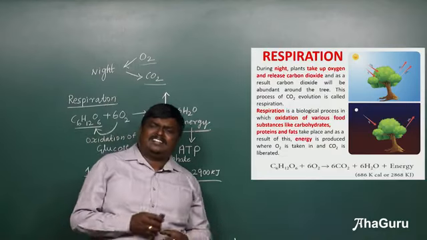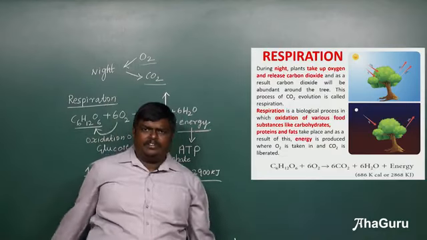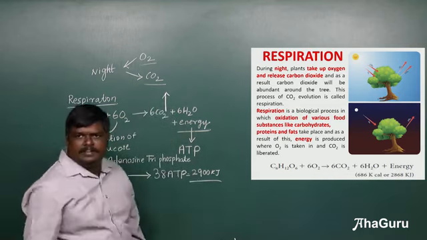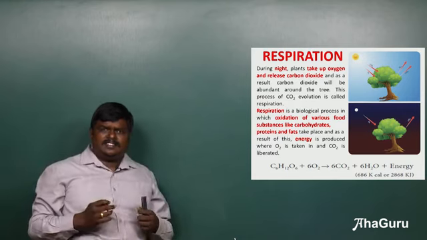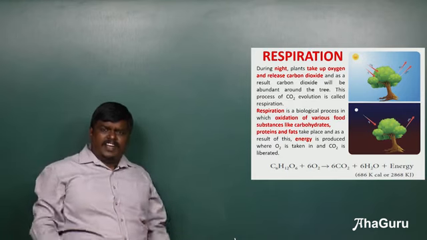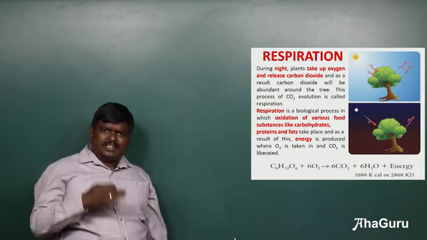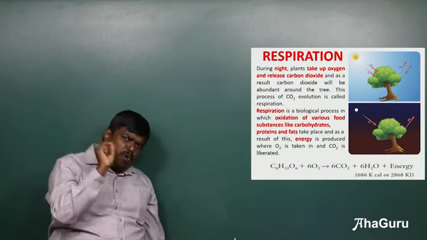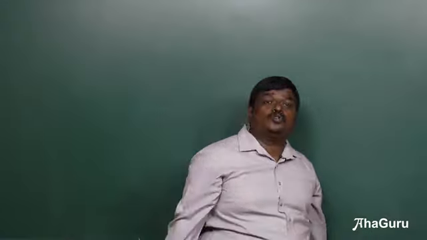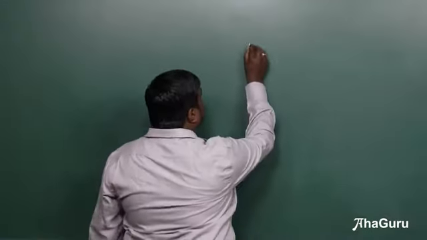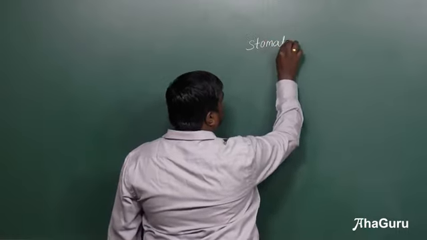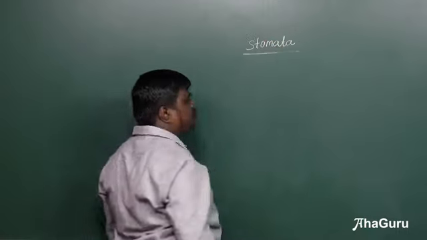So how do these gases enter the plant? Where exactly does the respiration process take place? In plants, oxygen enters through minute pores called stomata. Where is the stomata present?